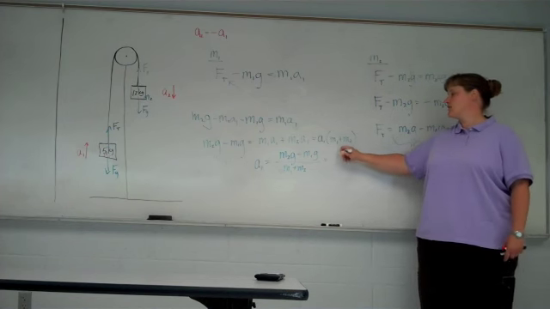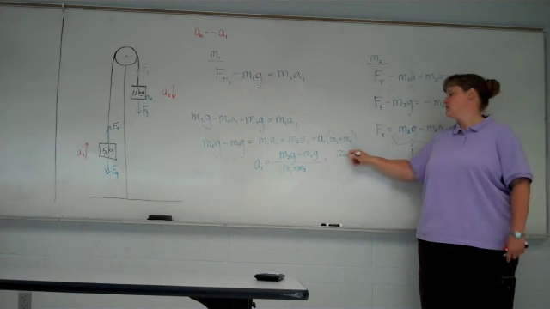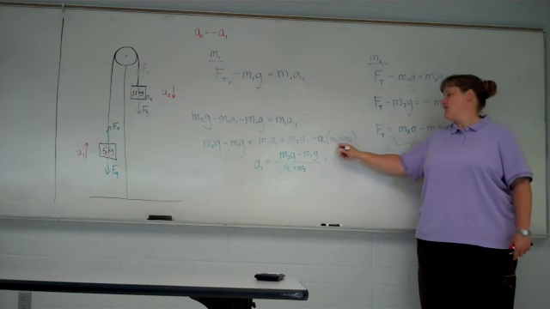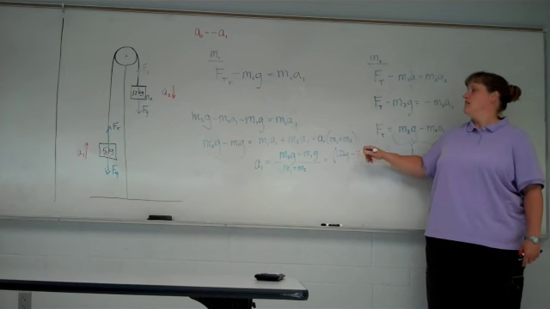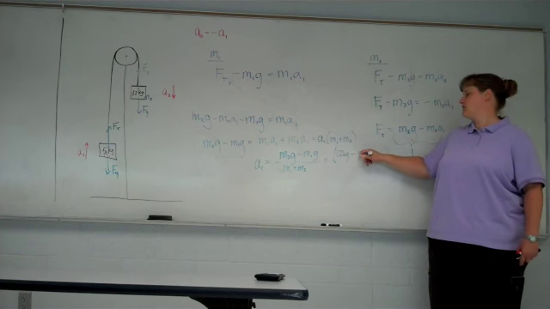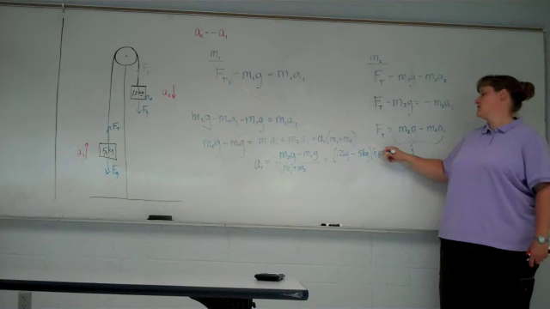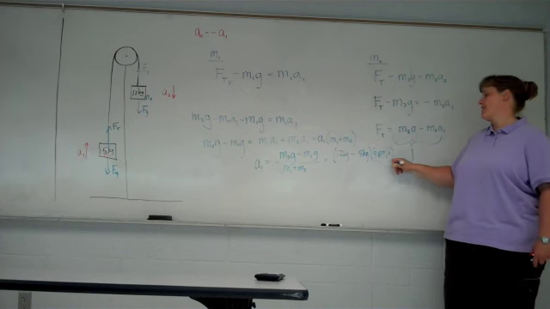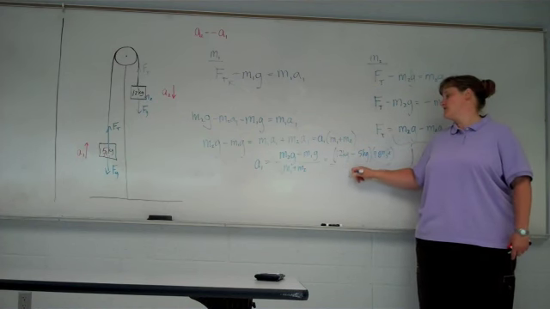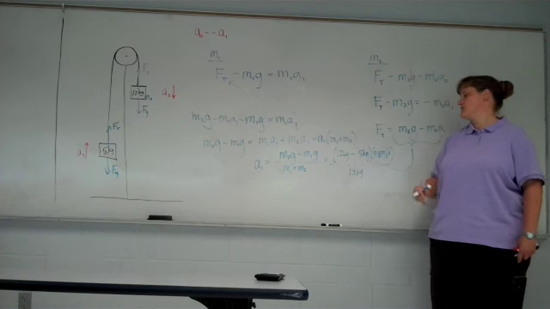So m2 is 12 kilograms. I'm going to factor out the g. Minus m1 is 5 kilograms times 9.8 meters per second squared. All over 17 kilograms, m1 plus m2.